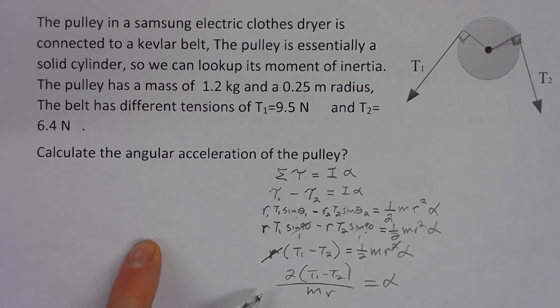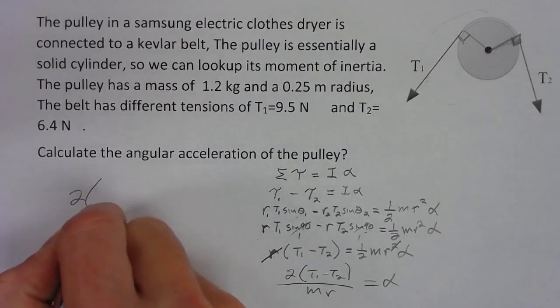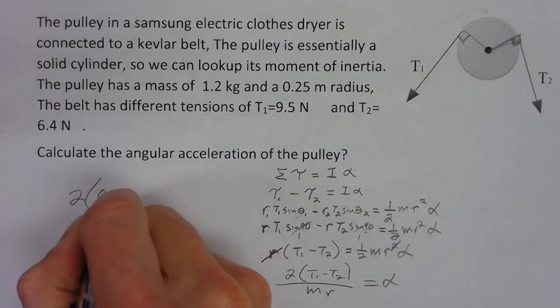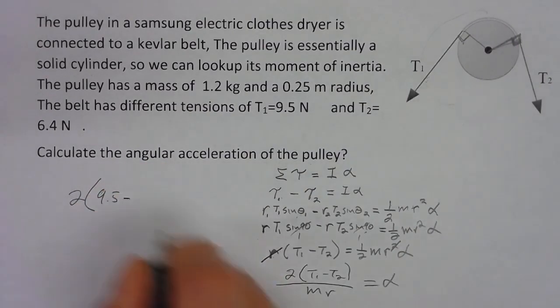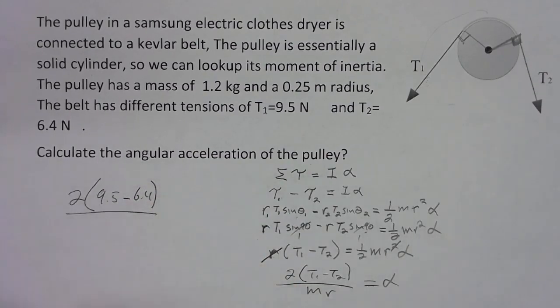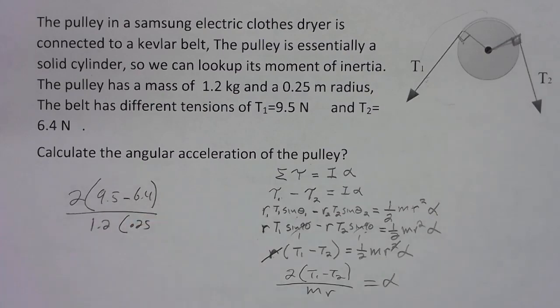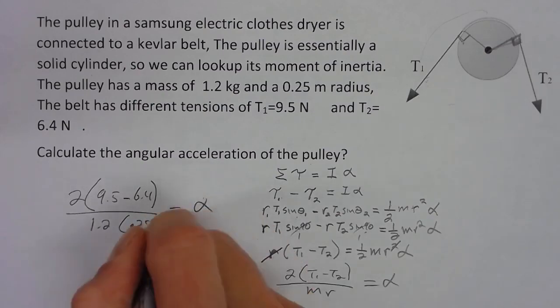If I do that over here, we would get 2 times T1, which is 9.5, minus T2, 6.4, all over the mass 1.2 times the radius, which is 0.25. And that's going to equal our alpha.